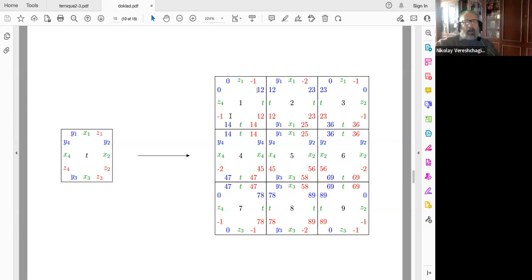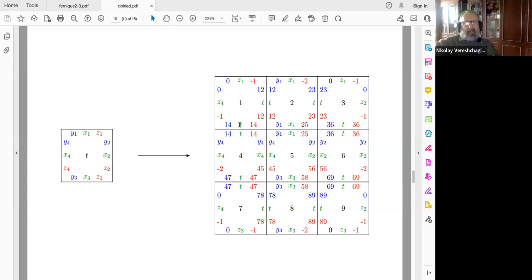Now, these tiles 1, 3, 7, and 9, which are corner tiles, have also the following property. This index T will be called parential index because it indicates the type of the parent.